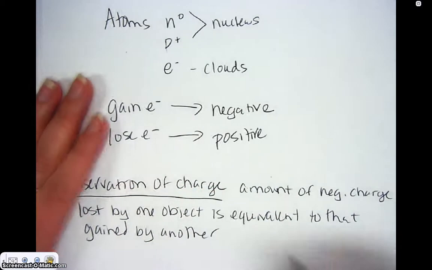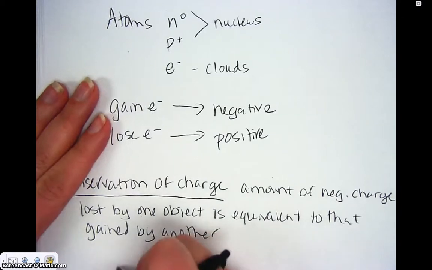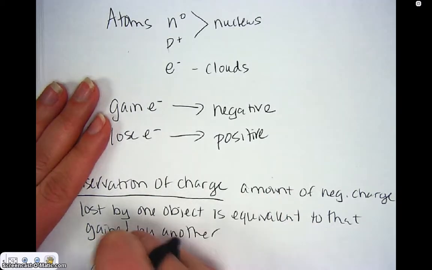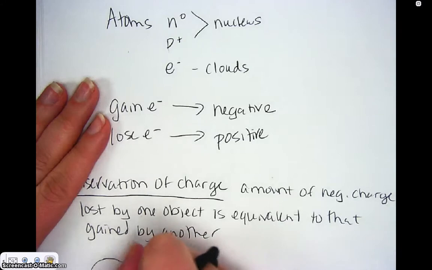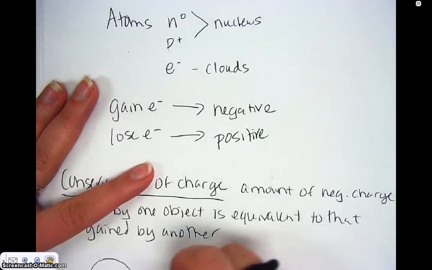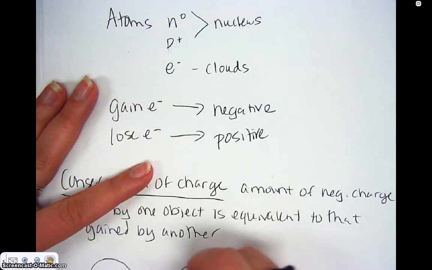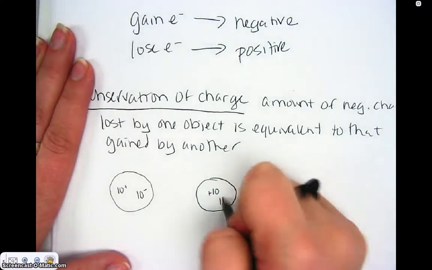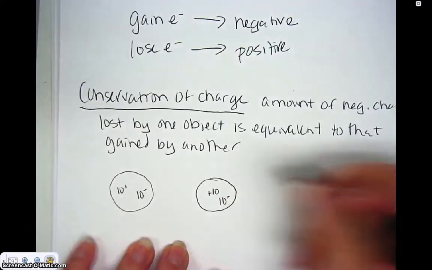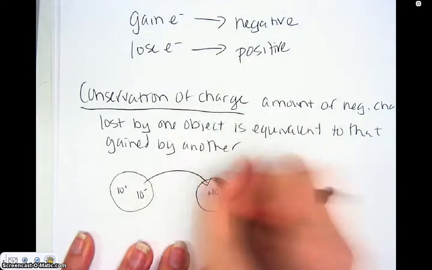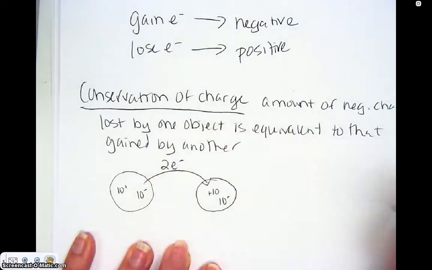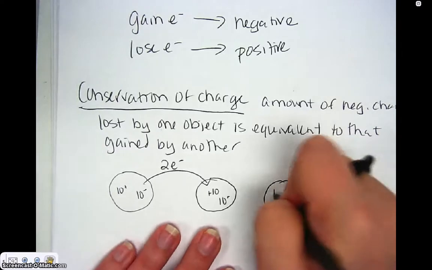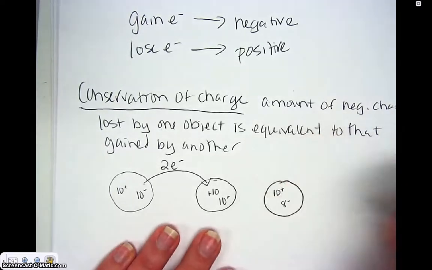Like if we look and you have an object here, and we'll just say that it's got 10 positive charges and it's got 10 negative charges. And you have another object over here that's the same, that has 10 positive charges and 10 negative charges. If I were to allow 2 electrons to jump over here, right? Now we have a scenario where we have 10 positive and 8 negative.